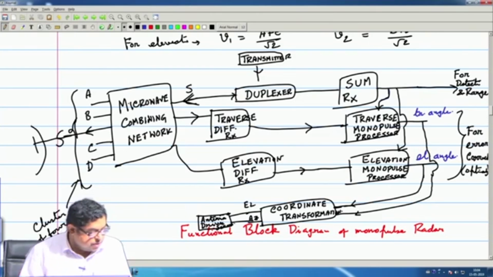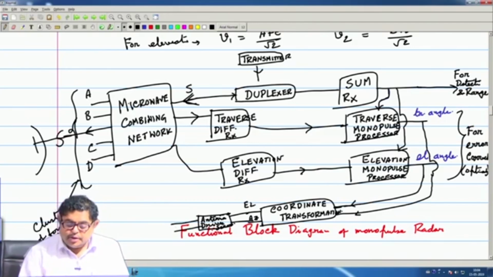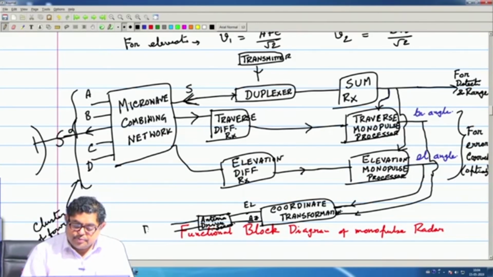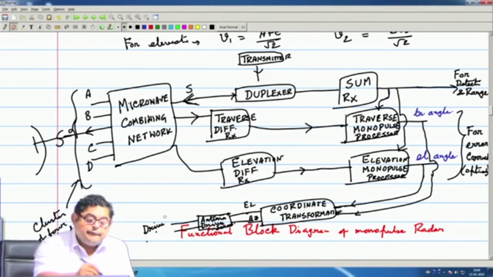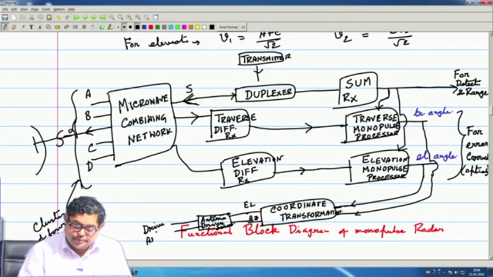The servo will control that mechanical drive. So, this is now given to the drive motors, servo motors, the drive arrangement.